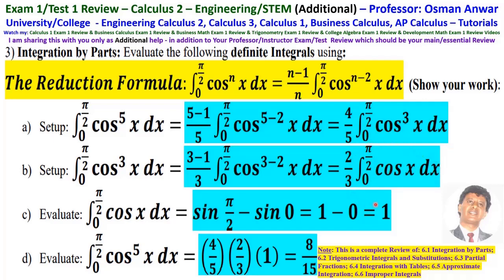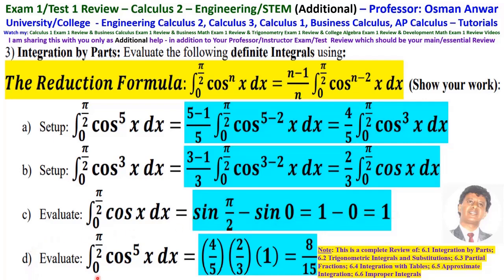Then we're going to integrate this cosine x dx from 0 to pi over 2. The integration of cosine is sine, so it is sine x evaluated from 0 to pi over 2, which is sine pi over 2 minus sine of 0, which is 1 minus 0 equals 1.